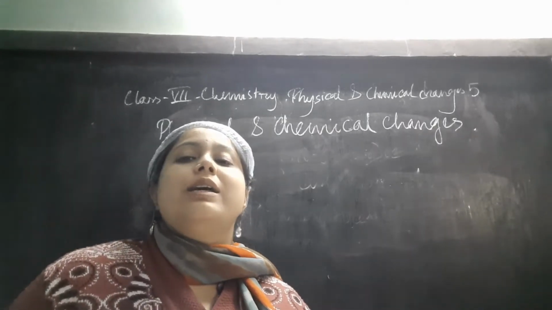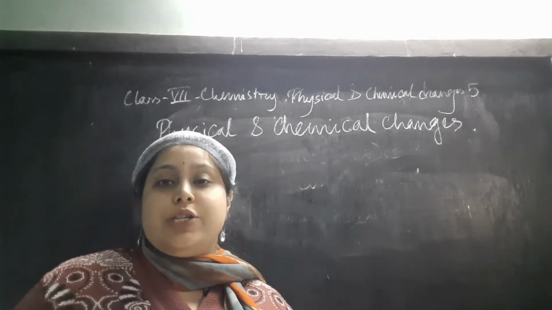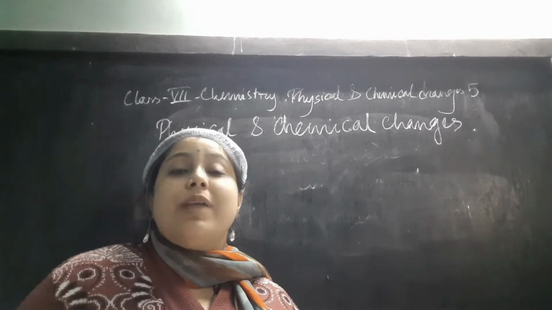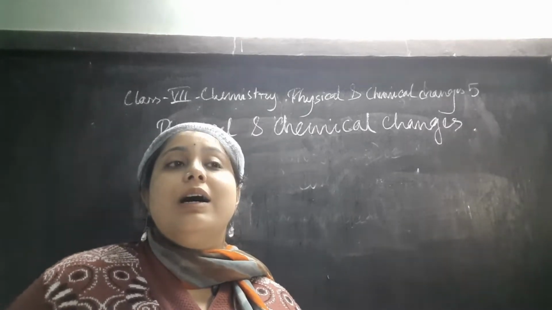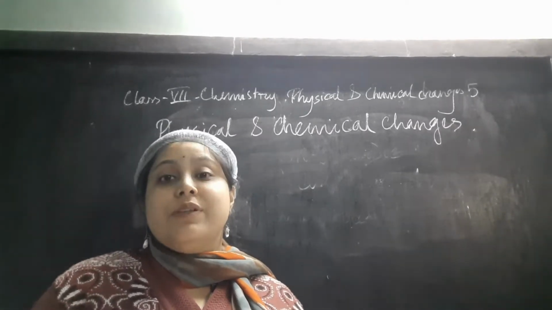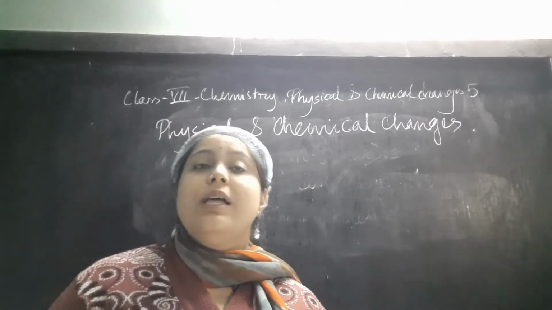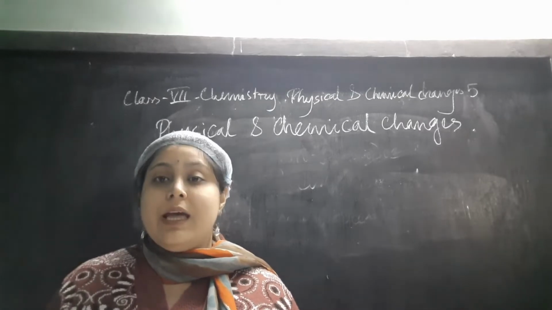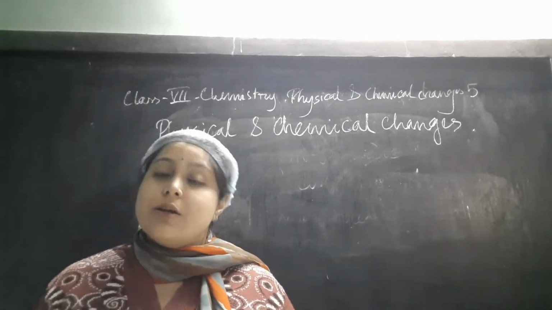And the second one is the chemical change. Chemical change means that atomically, or from the inside, the sample changes into a different thing, forming a new thing that cannot be returned back. This is called a chemical change.